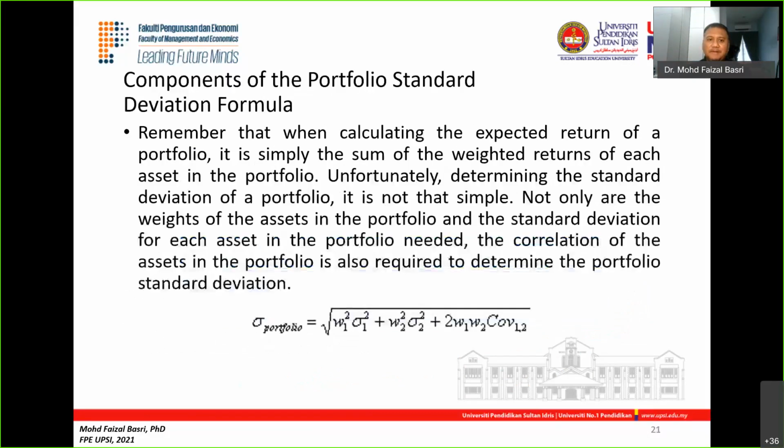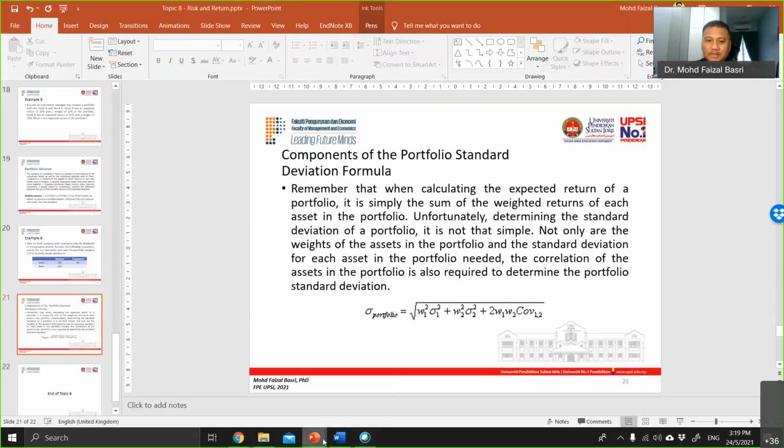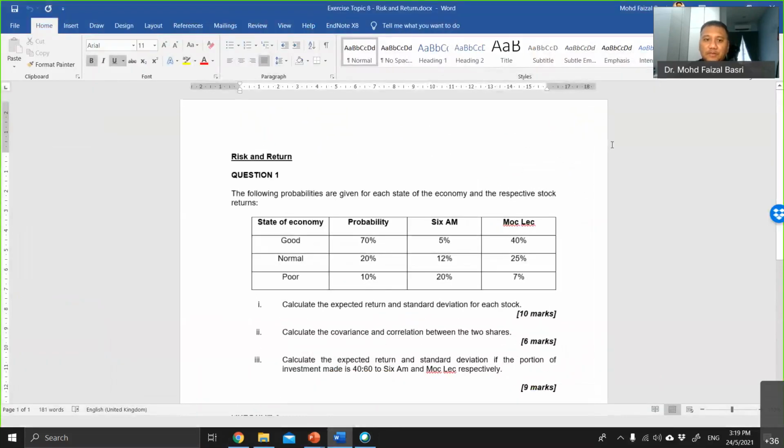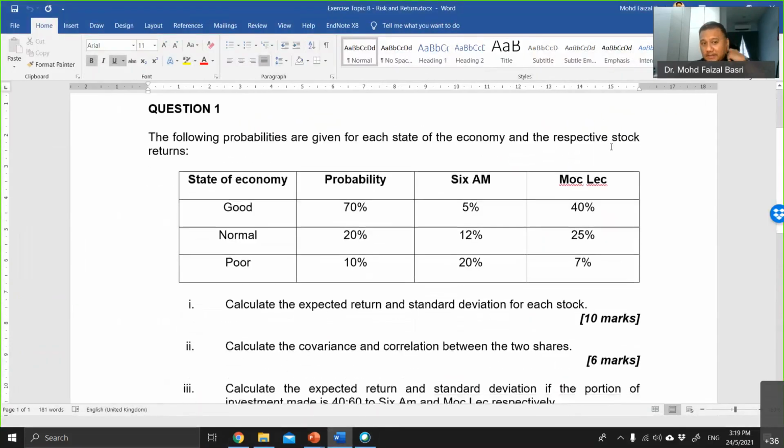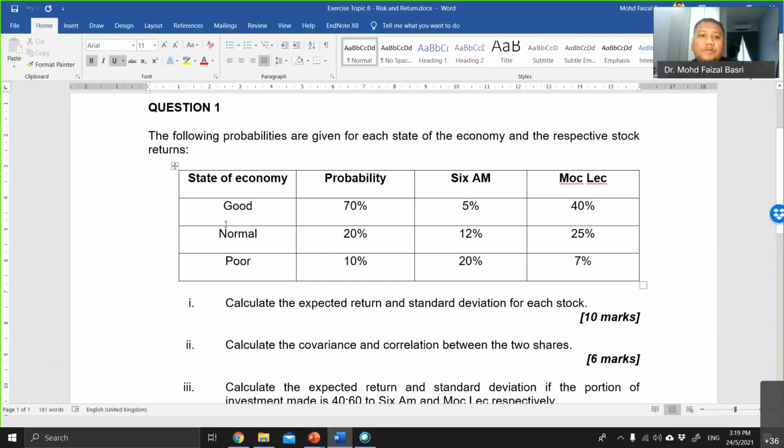Okay, here's an example, to give you a better look at the whole thing that I've shared with you earlier. Let's try one example. This is one typical question of risk and return. They're going to give you at least three states of economy: good, normal, and poor.